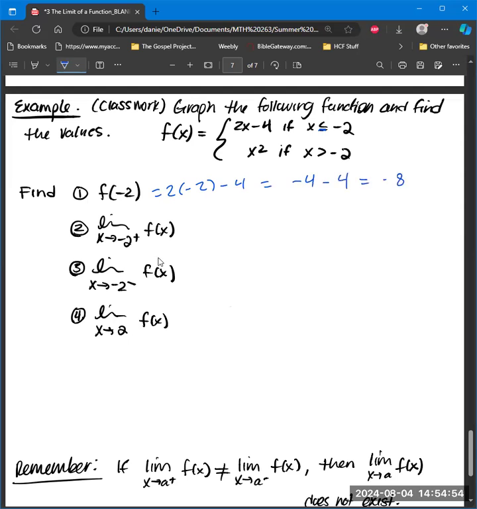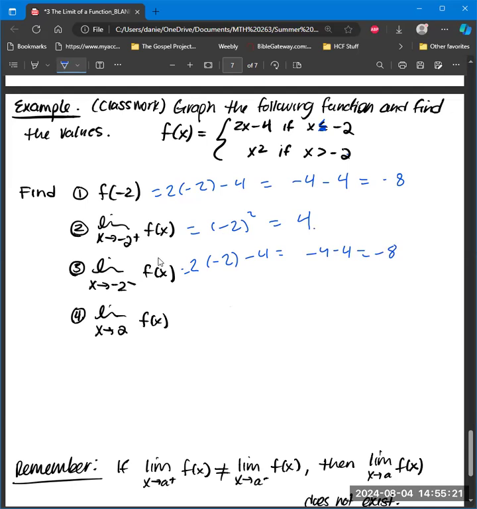Then we're going to find the limit as x approaches negative 2 from the right. So that's going to be this piece. That's going to be negative 2 squared is going to be a positive 4. Negative 2 from the left, we already did that. That's this piece that has the less than. So that's 2 times negative 2 minus 4 is negative 4 minus 4 is a negative 8.